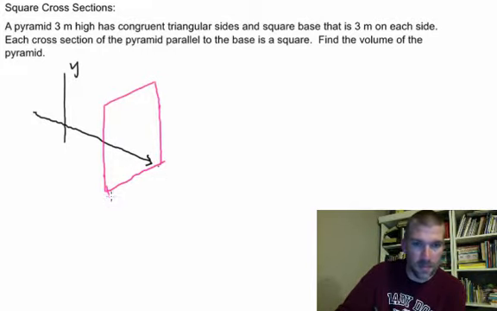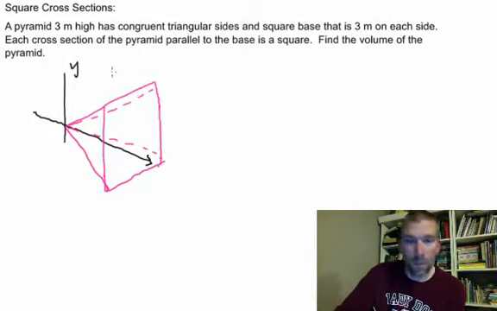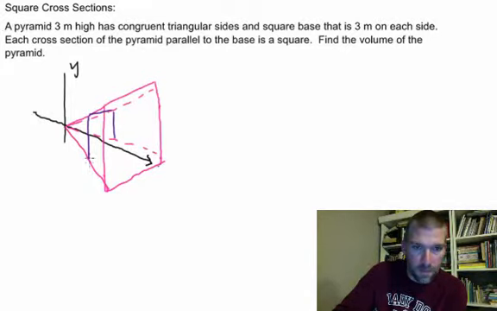Remember, that's x, and all these different corners come back to the origin. And what we want to do is find the area of this part right here. What's the area of this square?